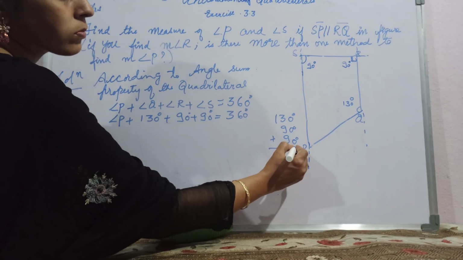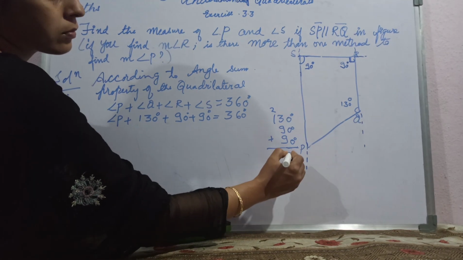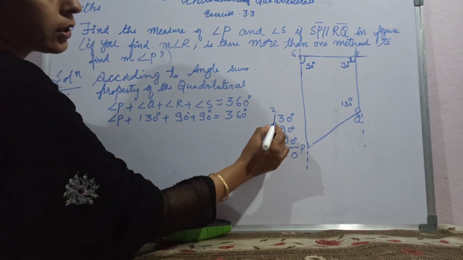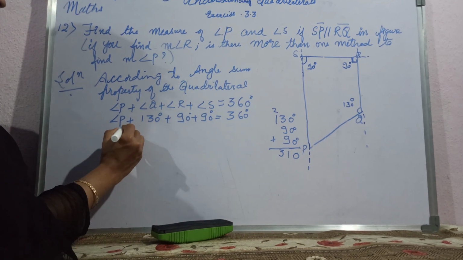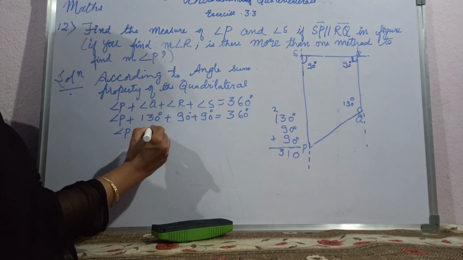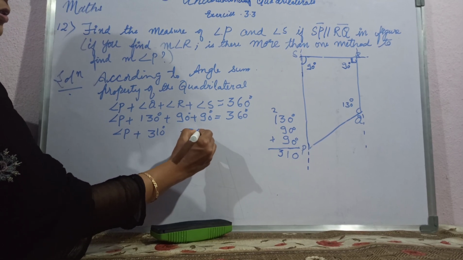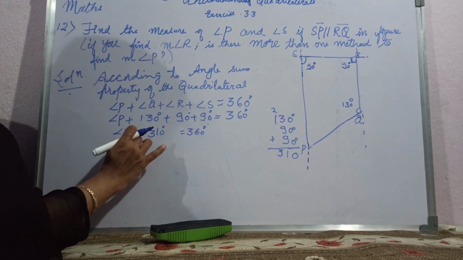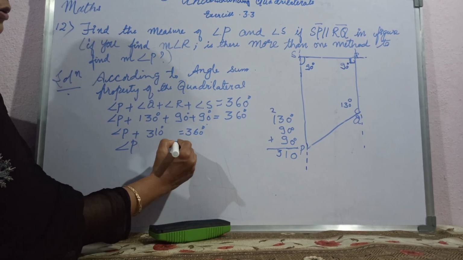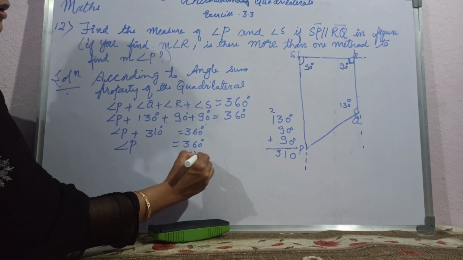2 plus 1 is 3. So therefore angle P plus 310 degrees is equal to 360. As we need to find only measure of angle P, the rest are known, so we transpose 310 degrees.